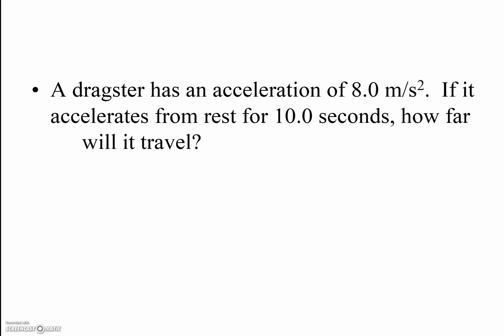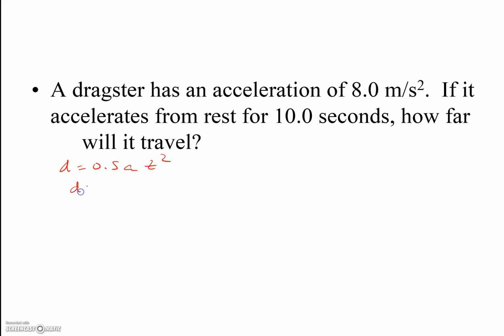So let's look at an example. A dragster has an acceleration of 8.0 meters per second squared. If it accelerates from rest for 10 seconds, how far will it travel? So the first thing we'll do is write down our equation that answers how far. So distance equals 0.5 at squared.